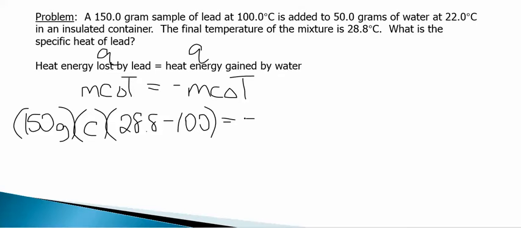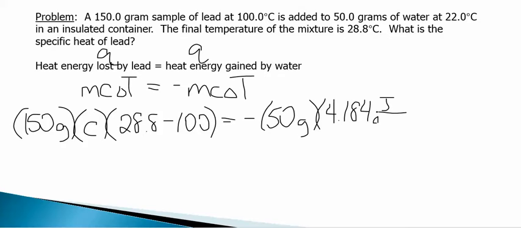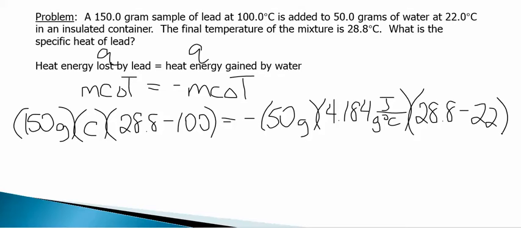Set that equal to negative MC delta T for the water. So for water, plug in the mass, 50, specific heat, and then delta T, TF is 28.8, and we started at 22 for water.